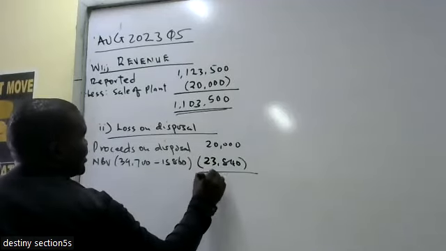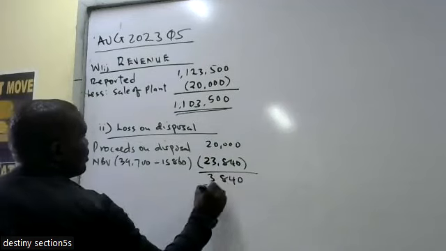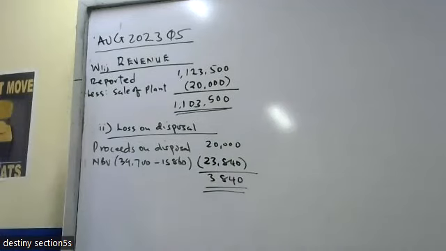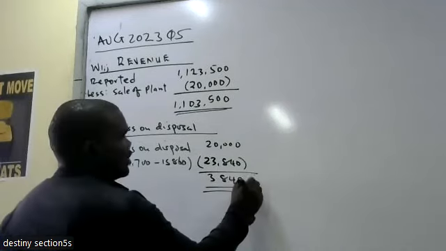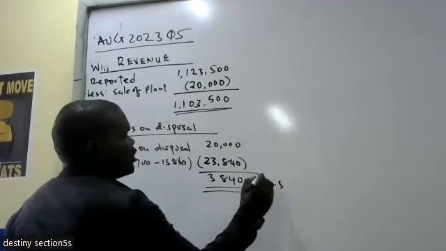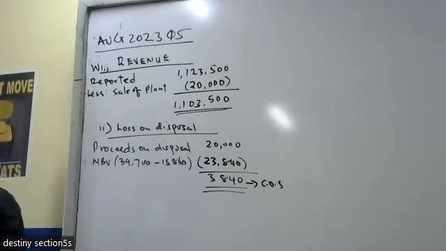So that is how we realized that we had lost 3,840. And the examiner said this one goes to cost of sales.